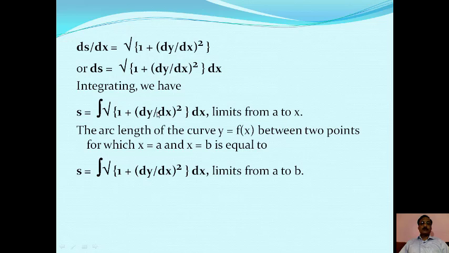Integrating from a to x with respect to x gives s. The arc length of the curve y equals f(x) between two points x equals a and x equals b is s equals the integral from a to b of root of 1 plus (dy over dx) squared dx.